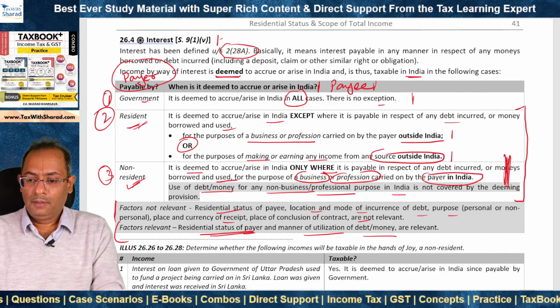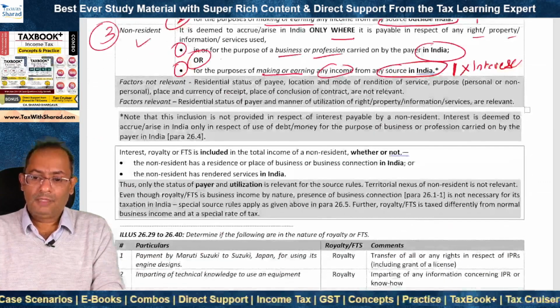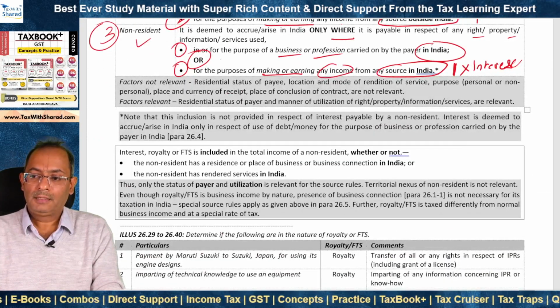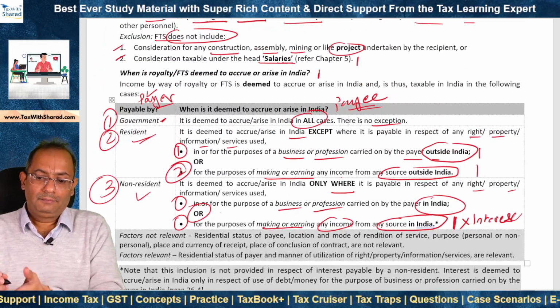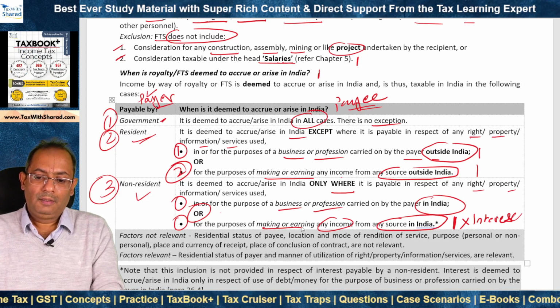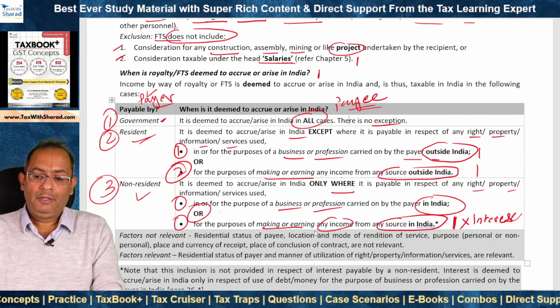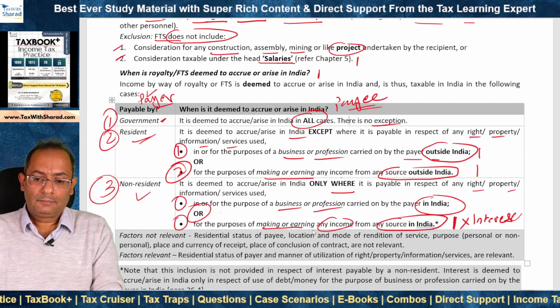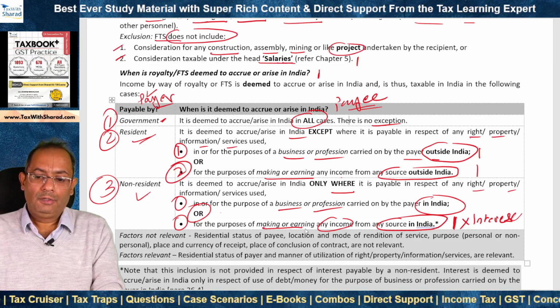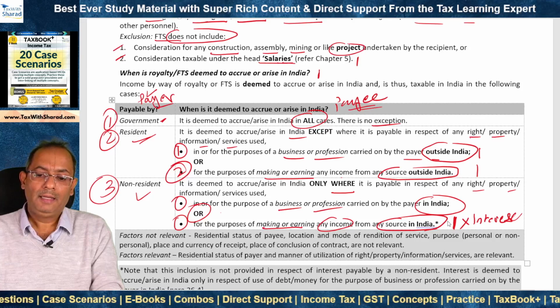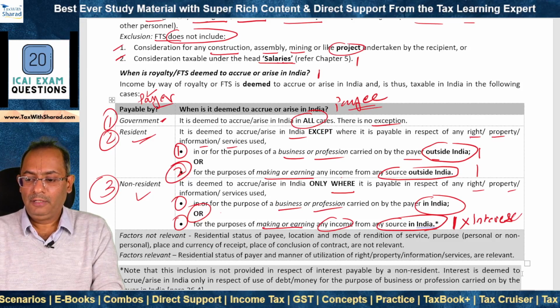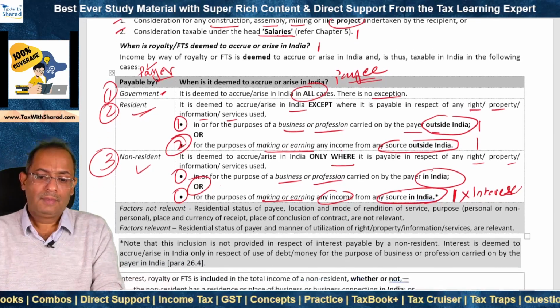Right? So while this is also present in the context of royalty or FTS, even where there is no business or profession, but the non-resident payer is using the right, property, information or services for making or earning any income from any source in India, then also the royalty or FTS is deemed to accrue or arise in India.